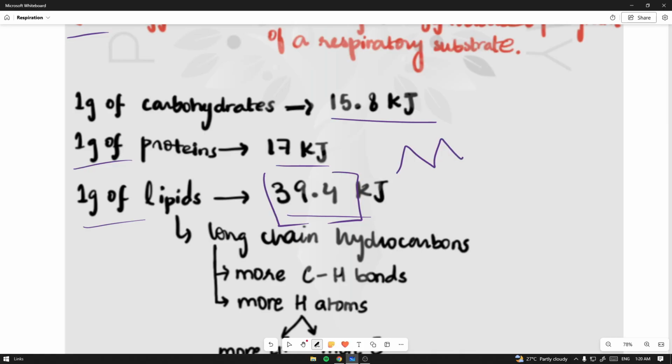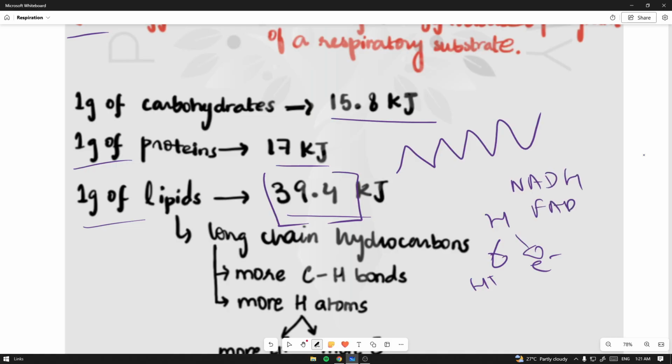That's because lipids, if you remember from your AS, are long chain hydrocarbons. So there are more CH bonds present, meaning there are more hydrogen atoms, and hydrogen atoms split to form protons and electrons. And these make your NADH, reduced NAD plus, or FADH2.